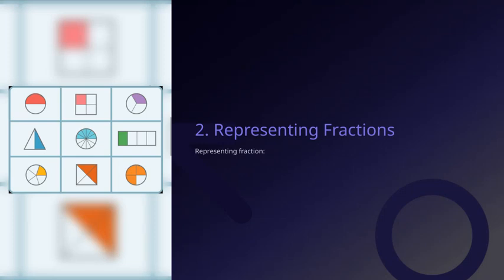Today, I want to talk about representing fractions. When we talk about representing a fraction, we're essentially finding ways to show parts of a whole. This helps us understand what the fraction actually means in real life. For example, if we have a pizza divided into equal slices, each slice can represent a fraction of the whole pizza. Visuals like pie charts, number lines, or even shaded regions are great tools to help us see these parts clearly.